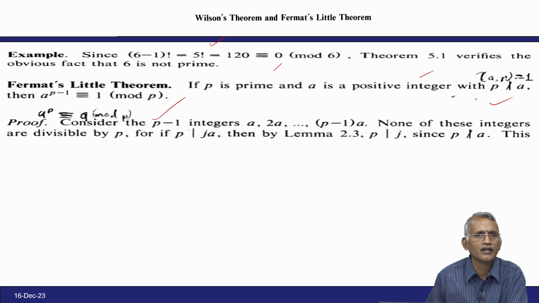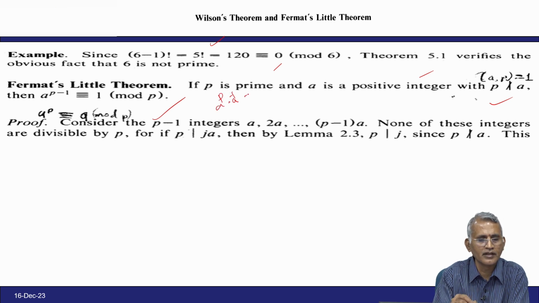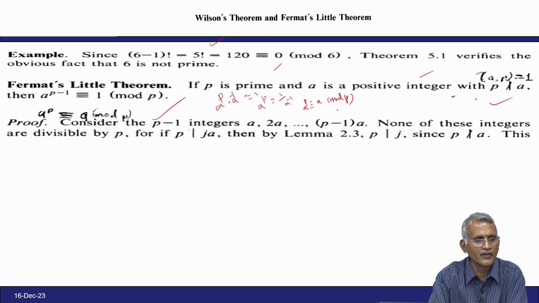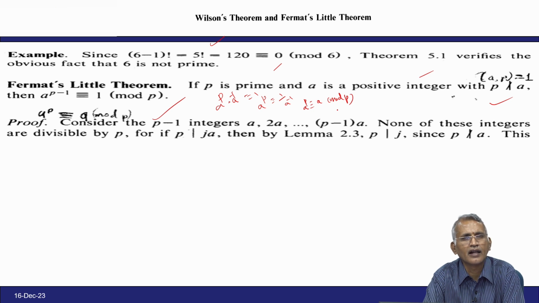Then for the proof, we can write this as a to the power p into a to the power minus 1 is congruent to 1 modulo p. So, a to the power p is congruent to 1 by a inverse. This implies a to the power p is congruent to a modulo p. So, this way we can write Fermat's Little theorem.